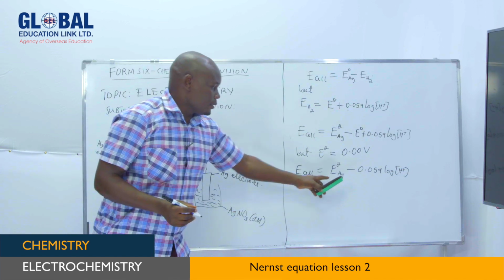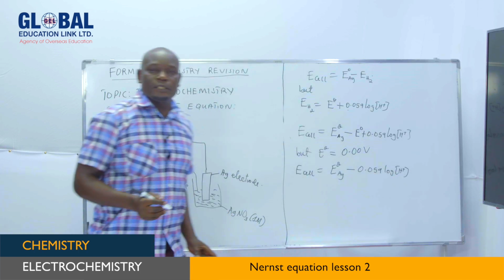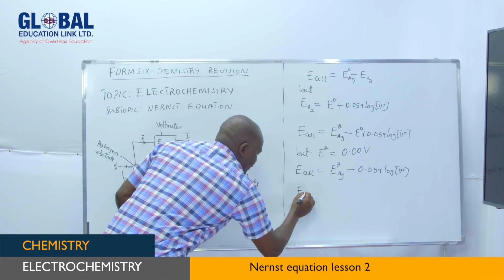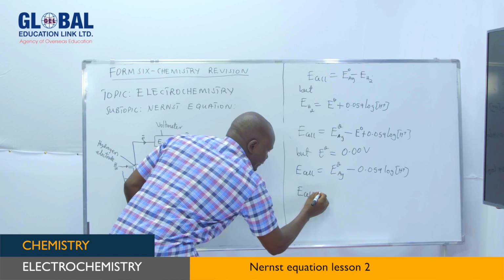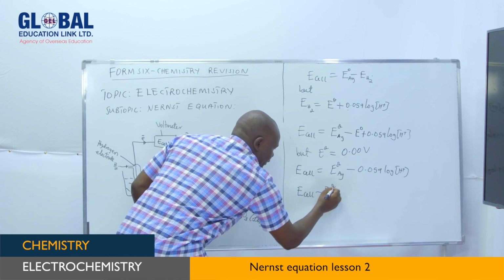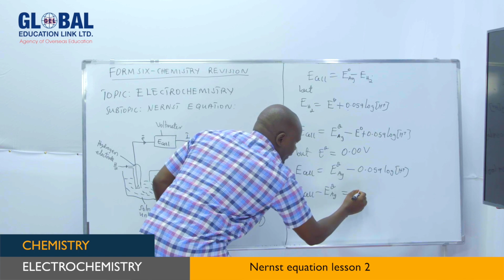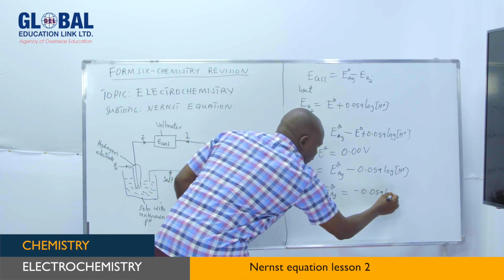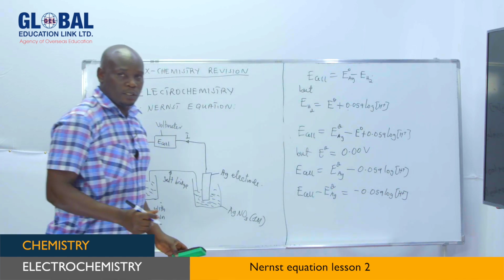Now from that equation, if we make log of concentration of hydrogen the subject, then E of a cell minus the standard electrode potential of silver will be equal to negative 0.059 log of concentration of hydrogen ions.